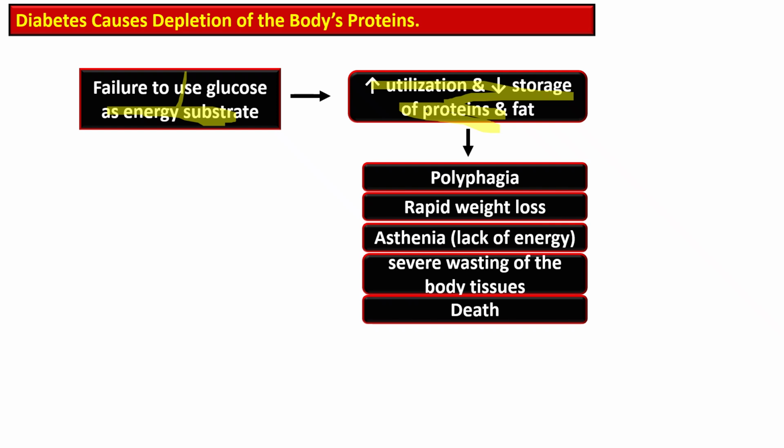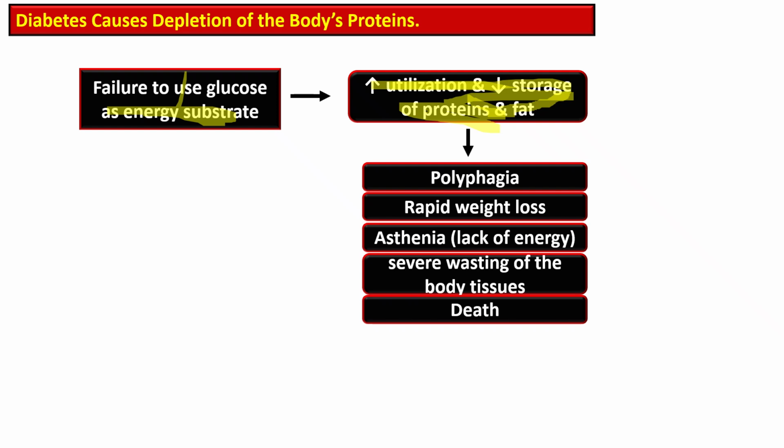So in this crisis there is increased utilization of protein and fat as the body shifts to using protein and fat as alternate energy sources. Muscle proteins are broken down into amino acids which are then used for gluconeogenesis, that is production of glucose in the liver.